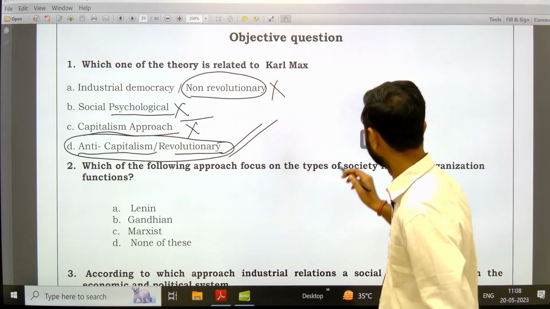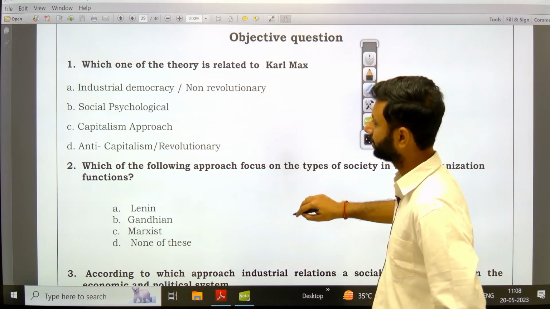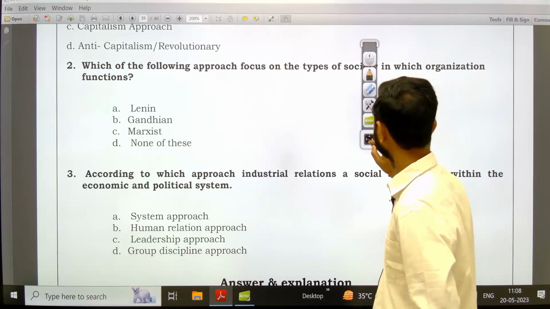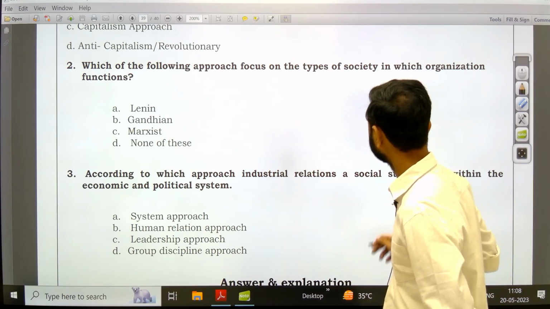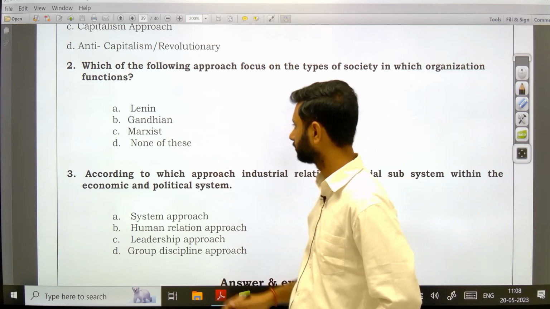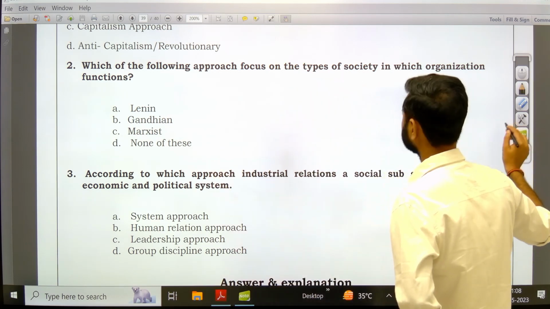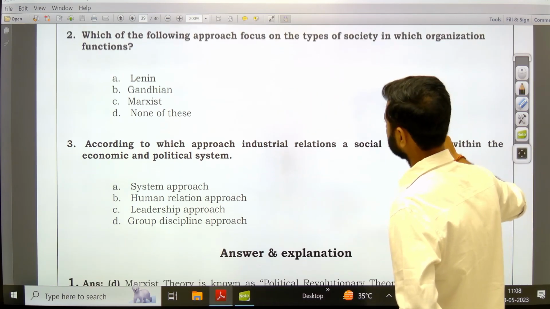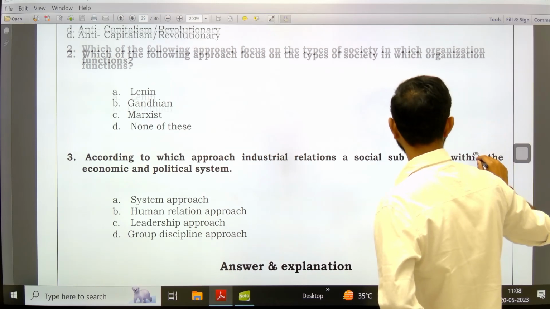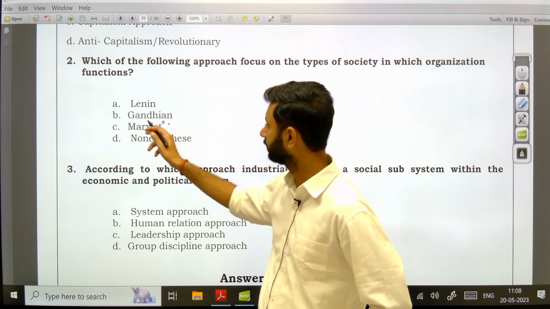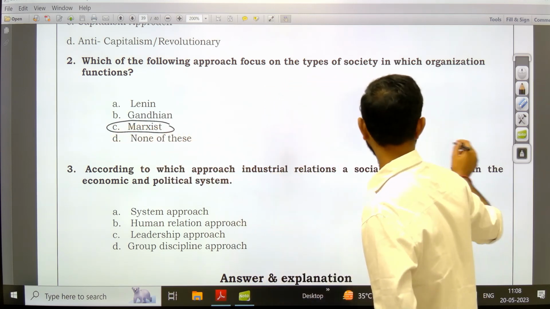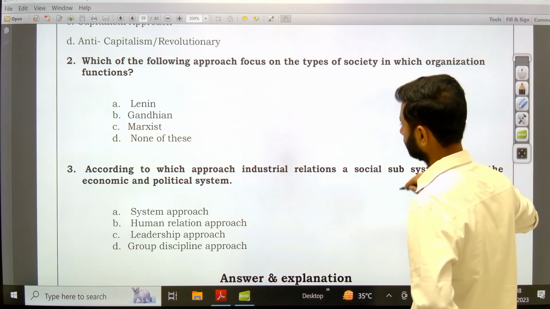Okay, very basic questions, easy. Now tell me, which of the following approaches focused on the types of society in which an organization functions? This is also a Marxist perspective, similar, there is nothing new in this.